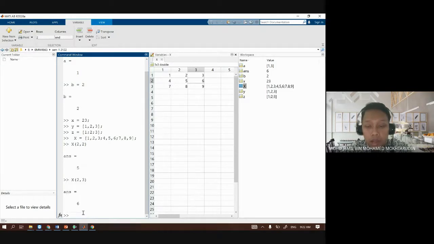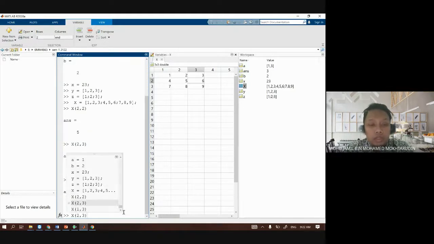If you press the upward arrow, you can access all the code or calculations that you have written in MATLAB, and choose which one you want to calculate again. For example, I want x(2,3), then I want to change this code, let's say to 13. So you can simply choose from the previous history and modify your code.